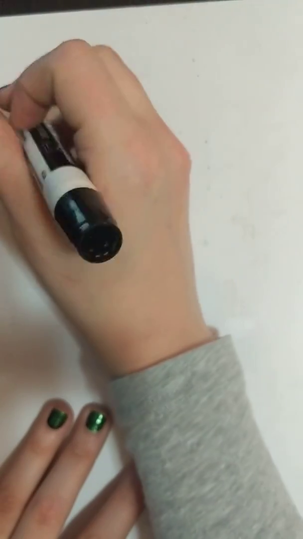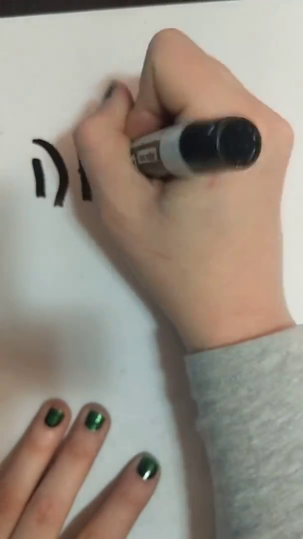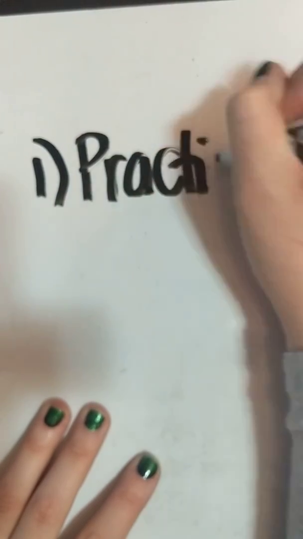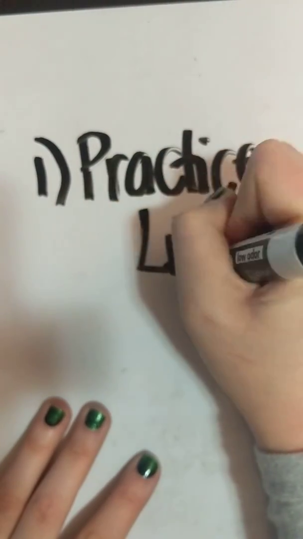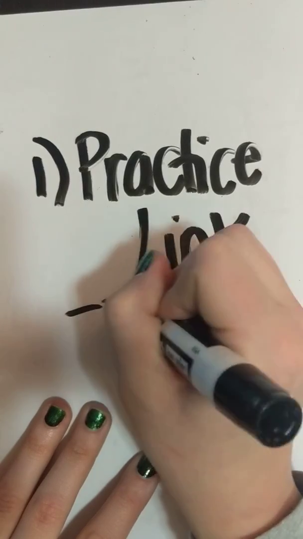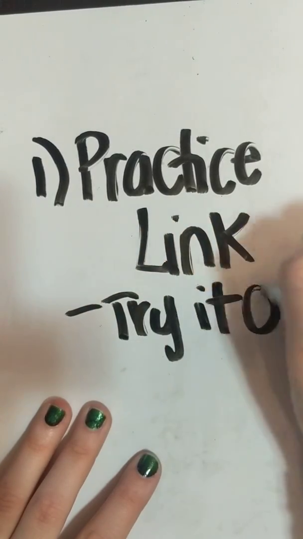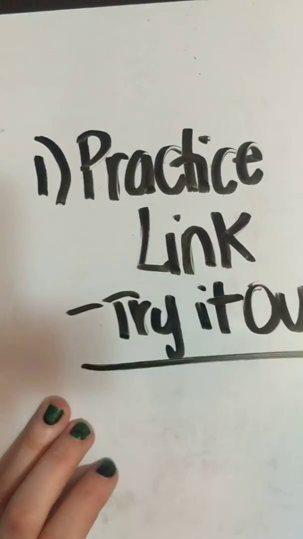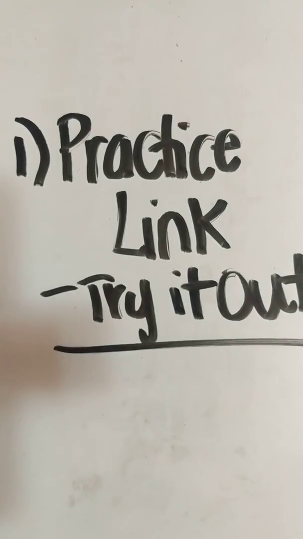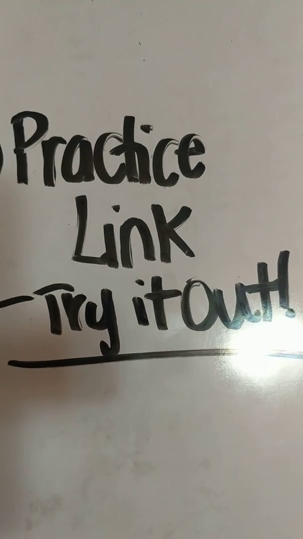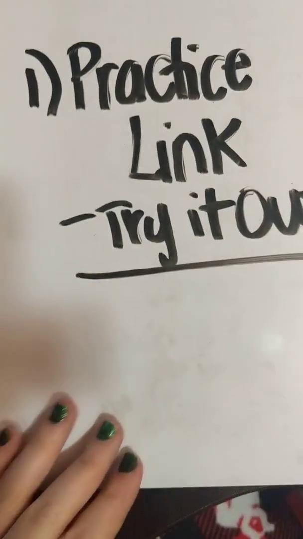So steps to do: click on the practice link. Try it out. It's a Quizizz, so maybe you want to do a Google Meet and send a link to some friends in Hangouts and all go together and see who can get the highest score. But it's a practice link. You can try it out. You can launch the game, see how it works.